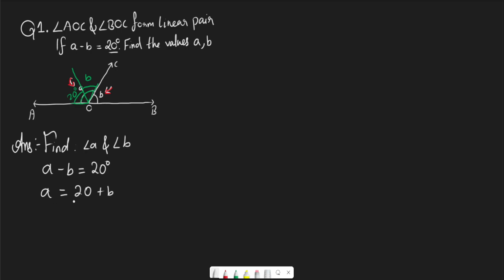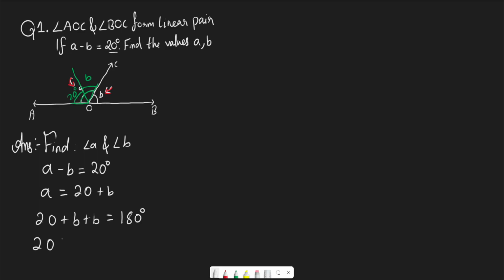Now we found that A is equal to 20 plus B. We have made this entire linear pair into one variable in a linear equation, so we can do this easily. We know that A plus B is equal to 180 degrees, so 20 plus B plus B, and B plus B is 2B.